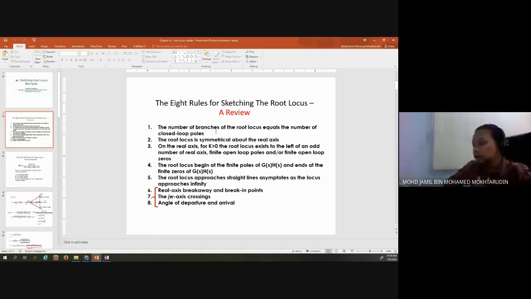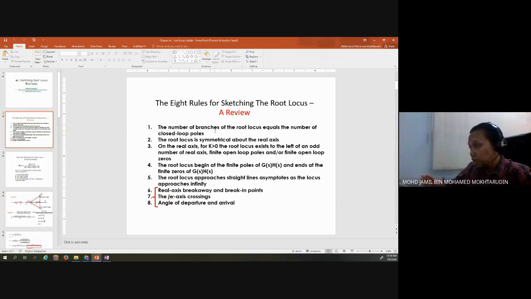But you need to find poles and zeros of your transfer function, either closed loop transfer function or the forward transfer function, depending on what kind of system, either unity feedback or non-unity feedback. But in your quiz, I think it's all unity feedback, so you only need to find the poles and zeros from the forward transfer function G(s).